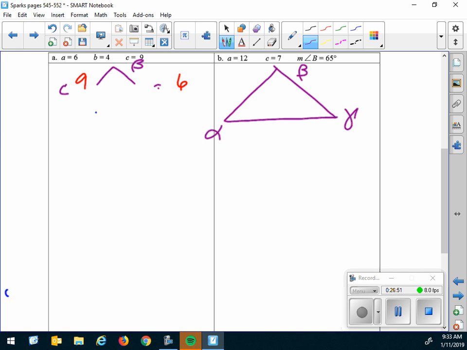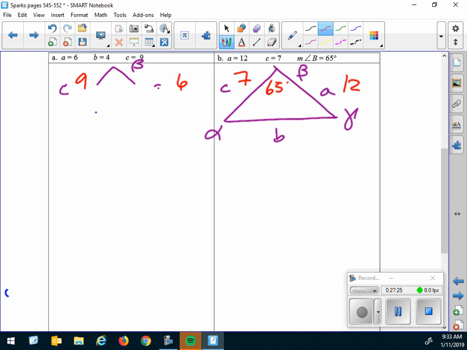Alpha, beta, gamma, A, B, C. A is 12, C is 7, B is 65 degrees. On the first question we did on this page, we had a side, side, side. What do we have now? Side angle, side. Good. Now, I've got 2 angles to find and 1 side.